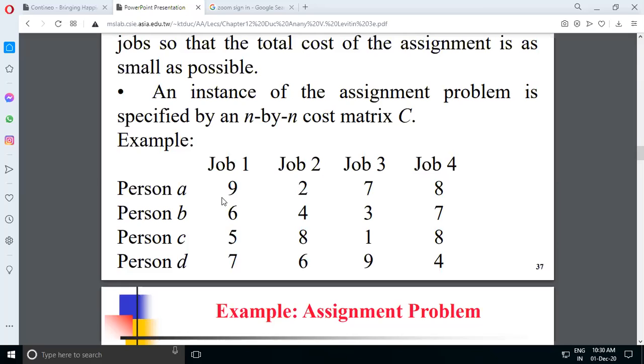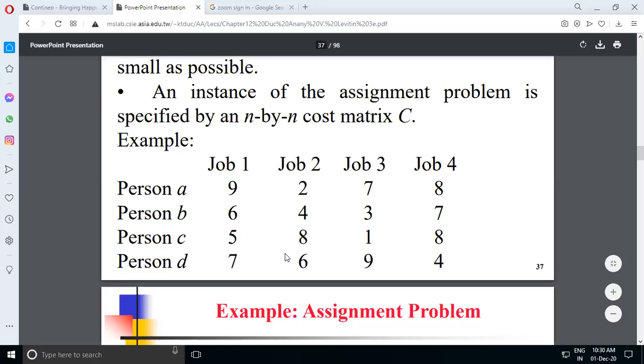So from each row, I pick the one having the minimum cost. This is basically an n by n cost matrix. The row indicates the persons and the column indicates the job to which the persons are going to be assigned. And the values inside are nothing but the cost incurred when this job is assigned to this person.